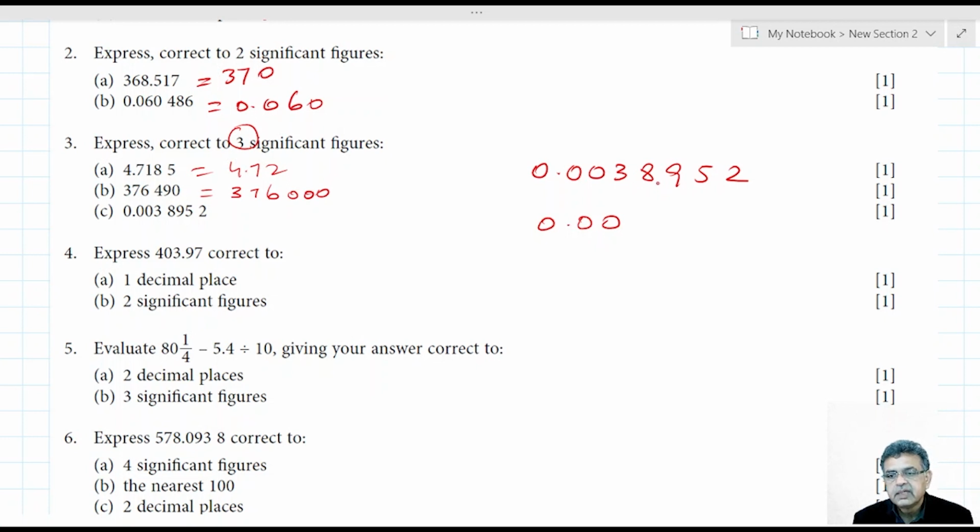So in order to make it correct to the three significant figures, this is 3, 8, 9. Here it is 9 and this is 5. If we round it off, it will be 895, that will be 900. So this 8 will be rounded off to 9.